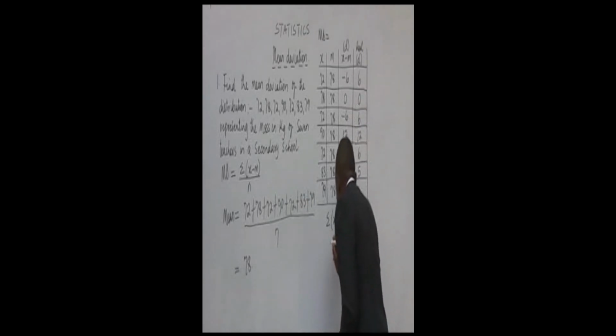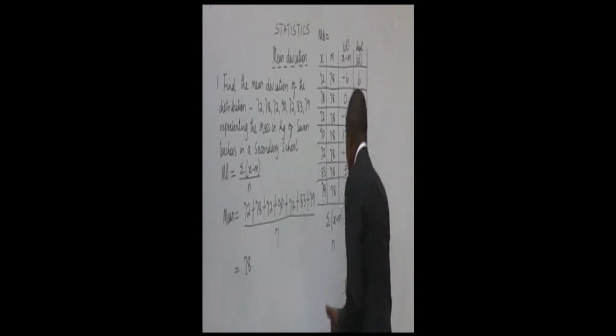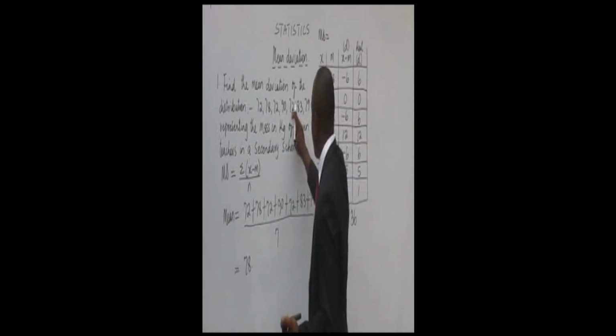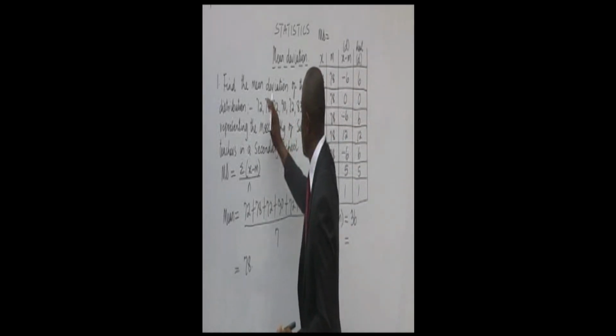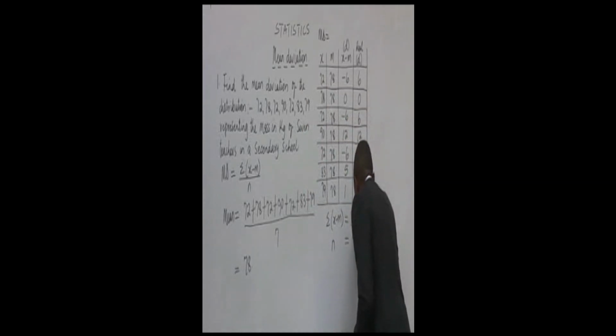Now the next thing we have now is our n. Our n is the number that is available. 1, 2, 3, 4, 5, 6, 7. So we have 7.